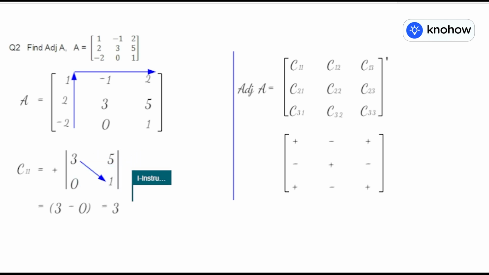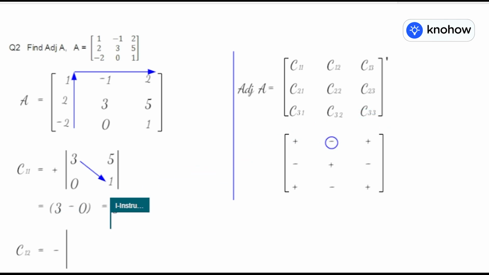Now let me find C12. I am first finding C11, C12, C13, that is the cofactors of the elements of the first row. Now delete the row and column through negative 1, but for C12 we have to take the negative sign.